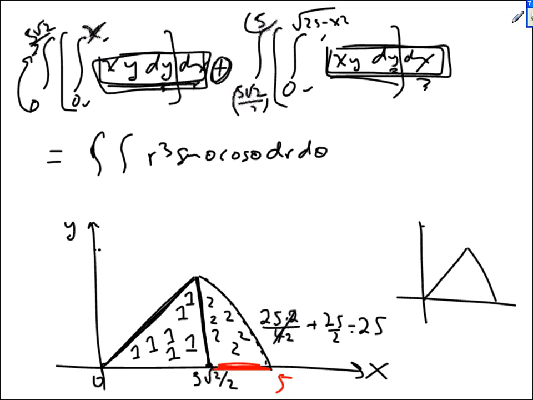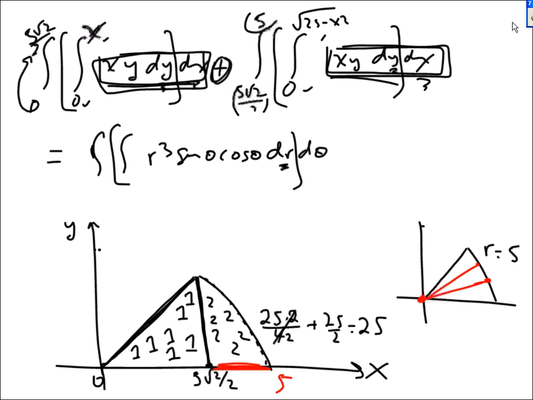Now, this is neat, how it all came together. This is r. And so, in polar coordinates, this circle, or a portion of the circle, is r is 5. No matter which I draw, the first r is 0, and the second r is 5.